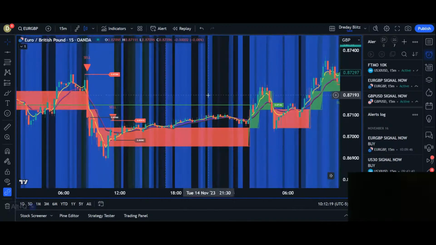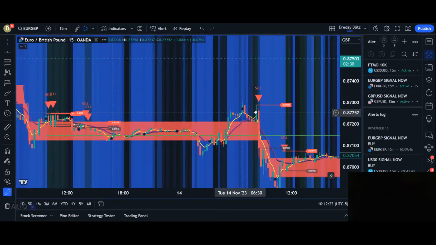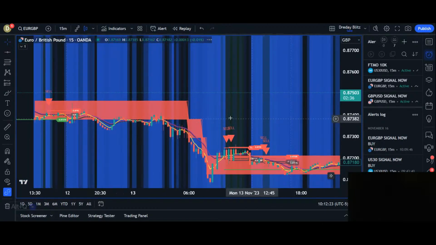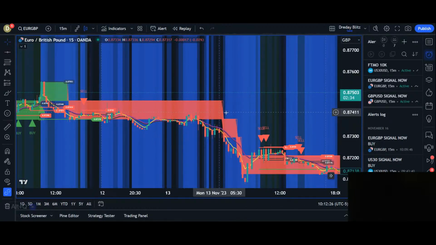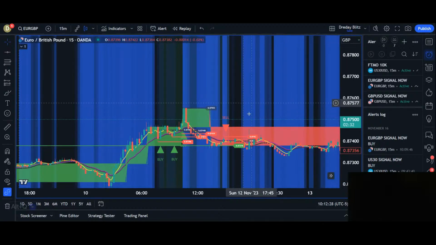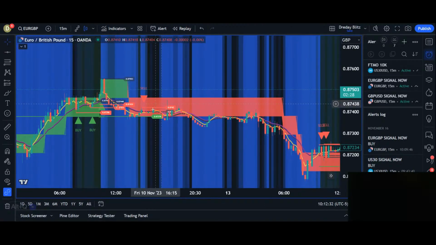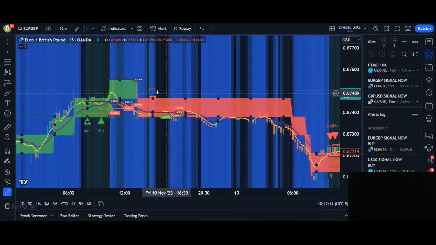Same thing if we're getting a sell. So if we go back here, the market needed to switch right here, and then right after you have the first sell because we're switching trend. Stop loss, like I said, previous Renko bar top right here.